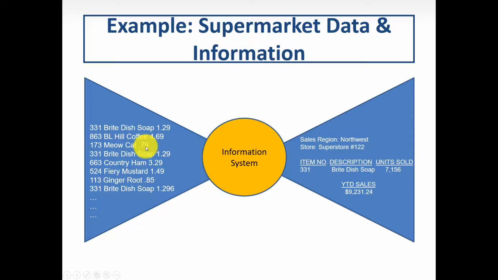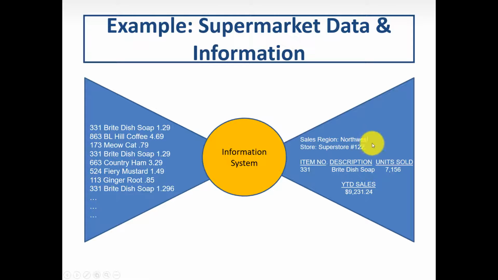I wonder what that is. I suppose cat food. And then again, bright dish soap and country ham and fiery mustard, I guess that is very spicy. And eventually, thanks to the information system, data gets transformed into reports.